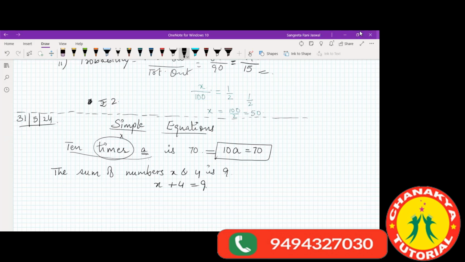Okay, now I'm giving you one more. The number b divided by 5 gives 6. Now I'm asking once again. Charvik, how will you write this expression? A number b divided by 5 gives 6.